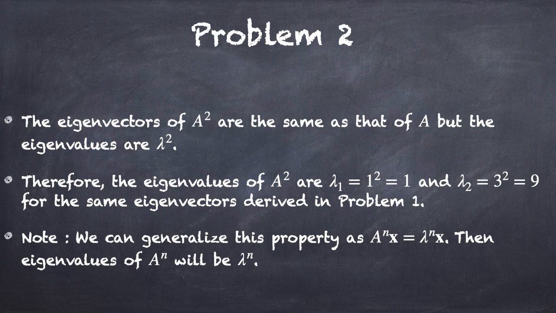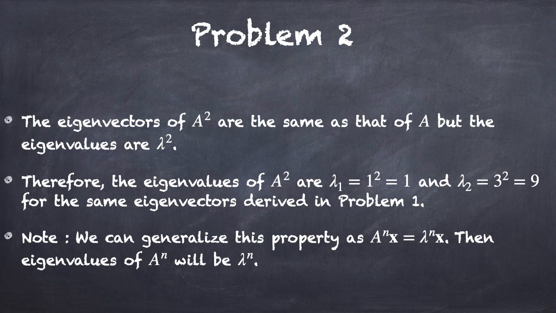Based on the previous example, the two eigenvalues were 1 and 3. All we have to do is square the two eigenvalues, and that gives the eigenvalues of A squared. So they are 1 and 9 in this case. And the eigenvectors remain the same as I just discussed. The eigenvectors x1 and x2 are the same as in problem 1.